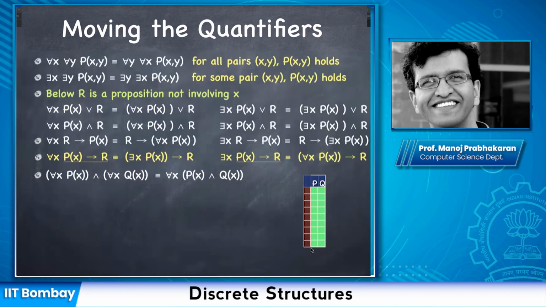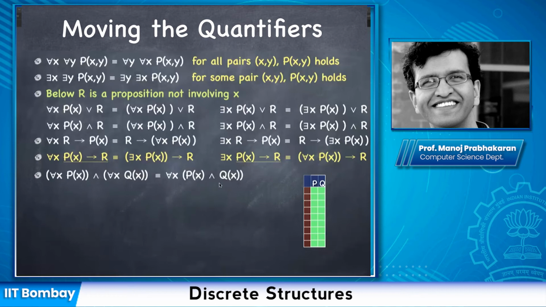So these two things are saying the same thing. They're equivalent statements. In terms of the expression, we could just take the for all x outside and have Px and Qx here.